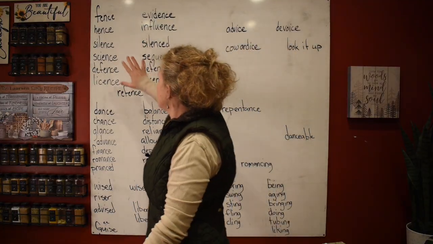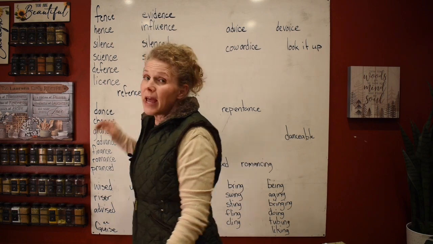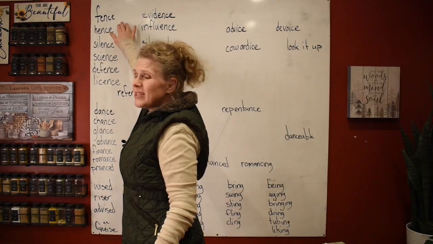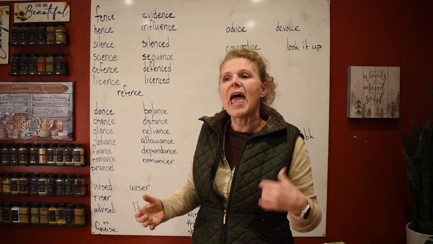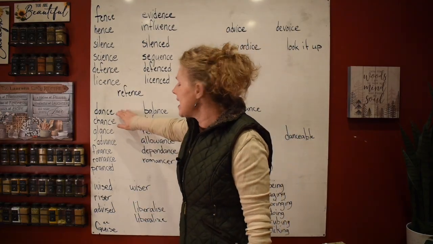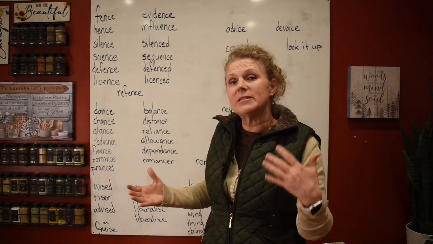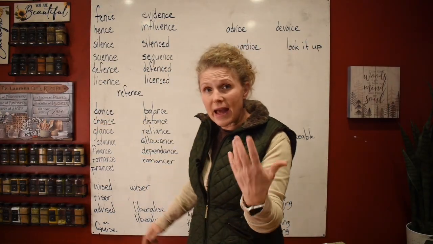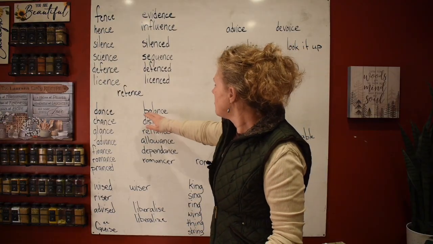Now you have -ance and -ence that gets confused. So -ence, you can hear it, fence, -ence. So dance is super easy. You can hear dance, -ance, or vowel -ence.